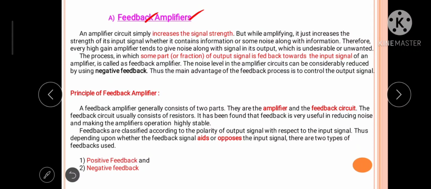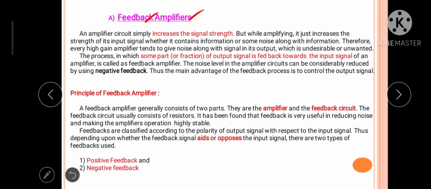As you know, any amplifier circuit simply increases the signal strength, but while amplifying, it just increases the strength of its input signal, whether it contains information or some noise along with the information. Therefore, every high gain amplifier tends to give noise along with the signal, and this noise is highly undesirable or unwanted signal in output.